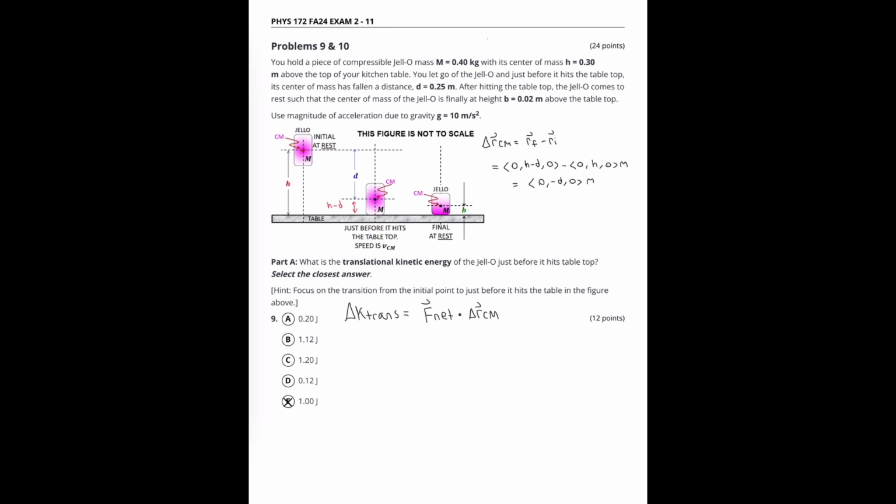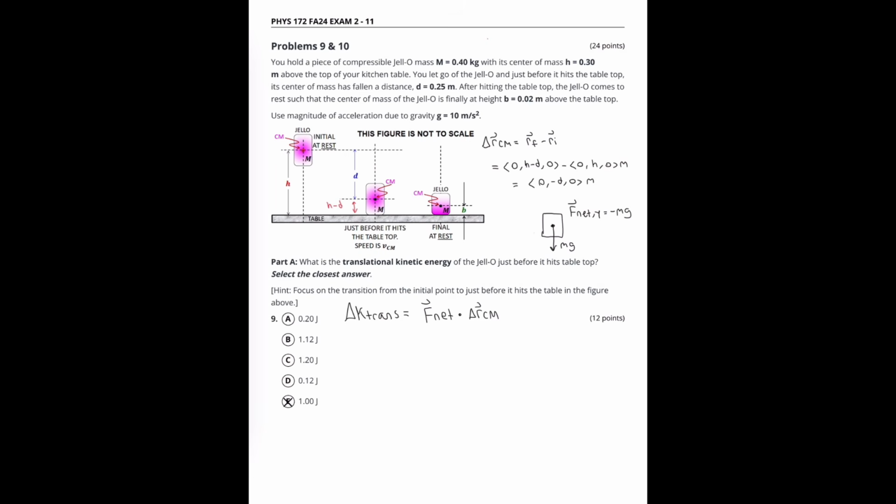And if we draw a quick free body diagram, we see that the only force acting on our jello is gravity, mg. So we can say F net in the y direction is equal to minus mg.